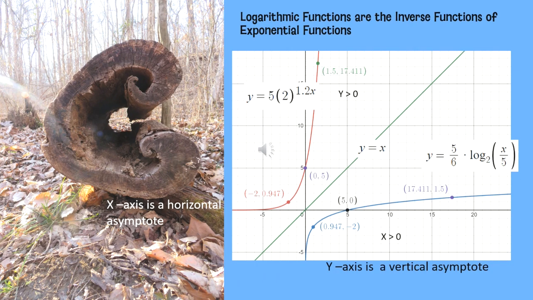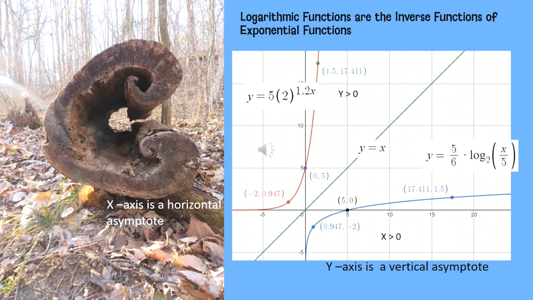We pointed out earlier that unless the leading coefficient is negative, exponential functions will never equal 0 and never have negative outputs. So our function here, which has a positive leading coefficient of 5 and base 2 raised to the 1.2x, has no values of x that we could plug in that would make the function equal to 0 or to a negative value. Now we could plug in values that have large magnitude that are negative, like for example negative 10 or negative 20.